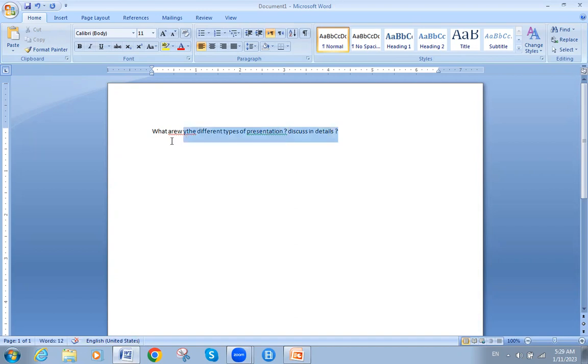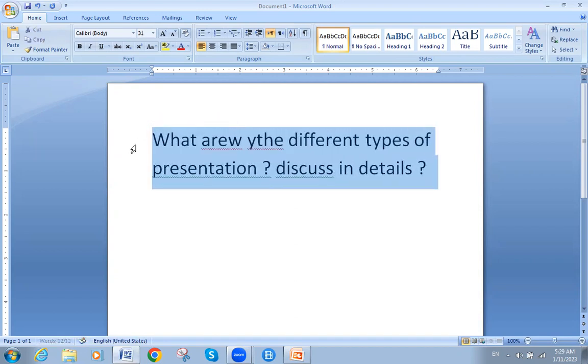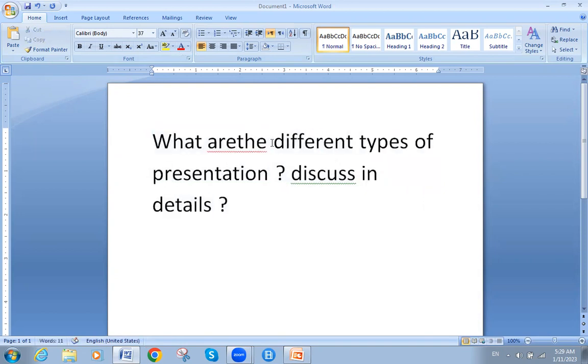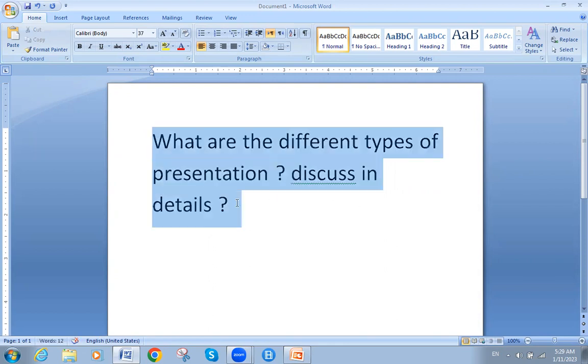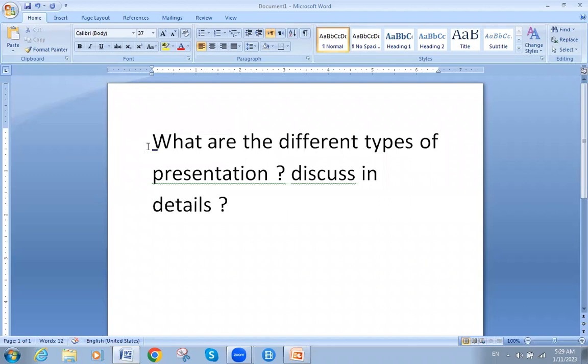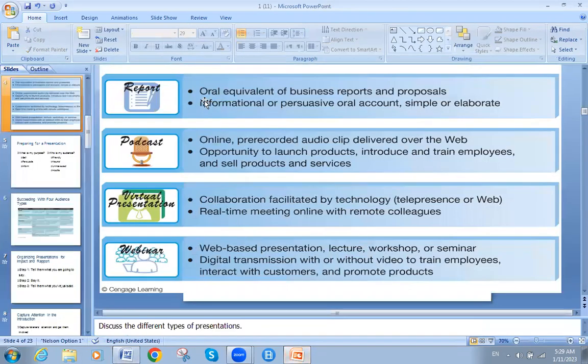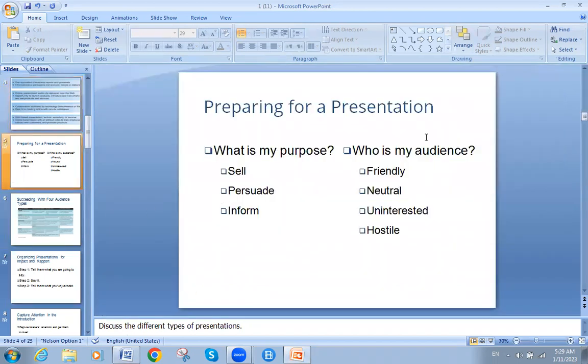The different types of presentation are those in front of you: oral equivalents, online collaboration, and web-based presentations. Those are the main ones we had in this slide.